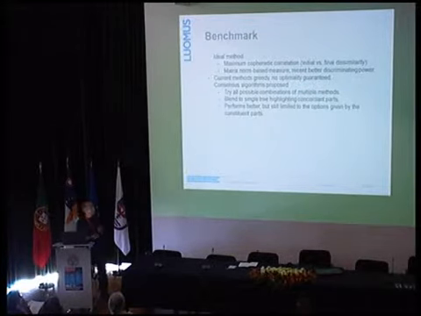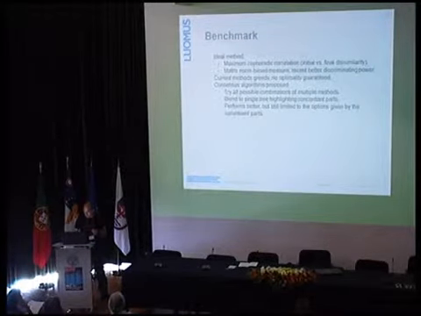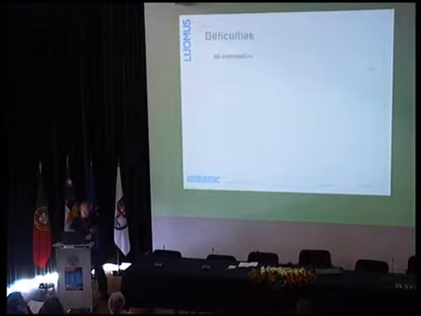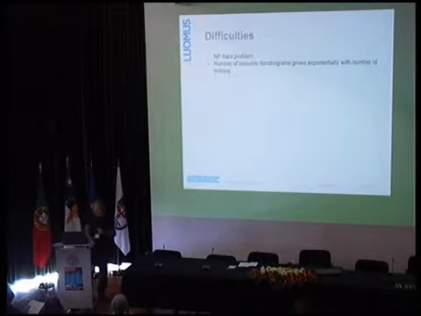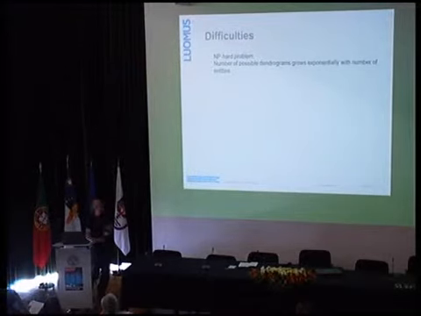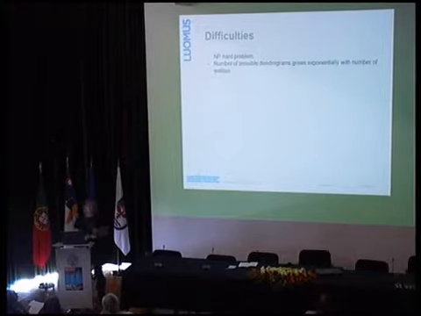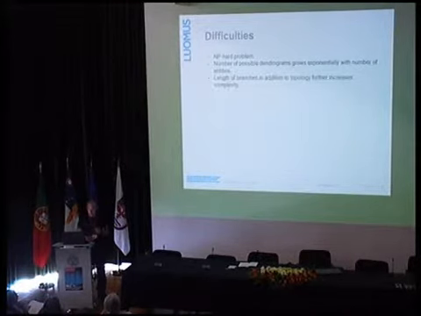But the fact is, we are still limited by the options given by the different methods. So this is a very difficult NP-hard problem. The number of possible dendrograms grows exponentially with the number of entities, because the more entities you have, the more possibilities of combining them, and it grows not linearly but exponentially.